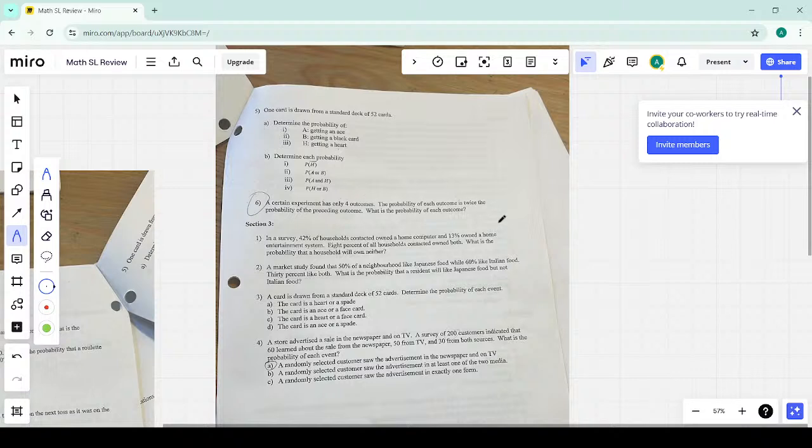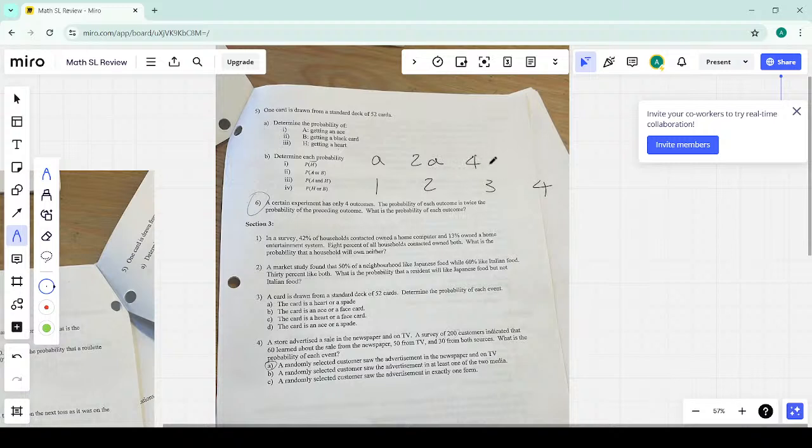So let's say that the probability of the first outcome happening is A. Okay, so that's first outcome, second, third, and fourth. So the first outcome would be having probability A. Now the second one has to have twice the probability of the preceding one, so that's 2A.